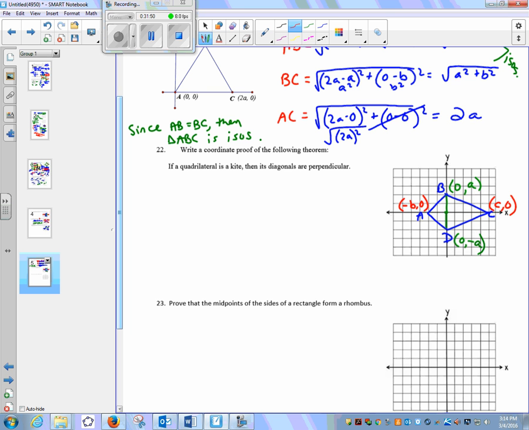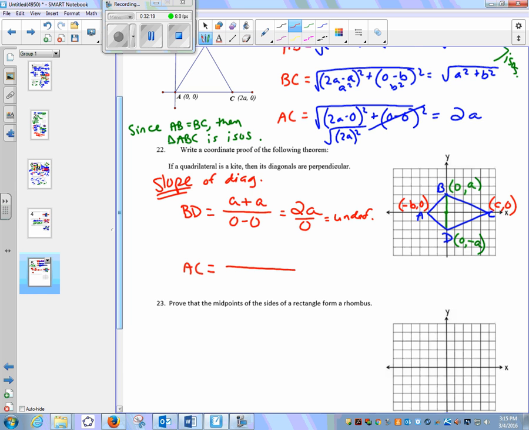Prove that its diagonals are perpendicular. Okay? For perpendicular, I'm going to need the slope of the diagonals. So slope of BD, slope of AC. Slope of BD, A minus negative A over 0 minus 0. That's 2A over 0. That's undefined.